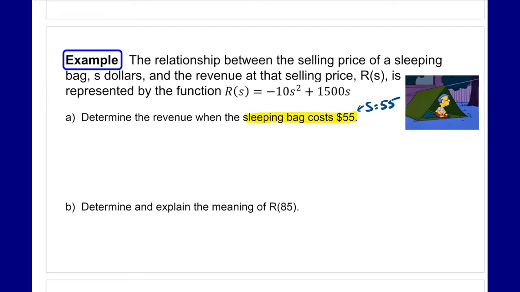Well, we have a function, R at S, so I can replace the S with 55 because that's the selling price I'm using this equation for. And in my equation, everywhere I see an S, I'm going to replace it with 55.